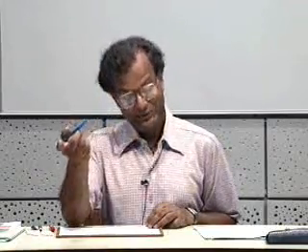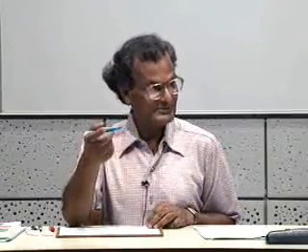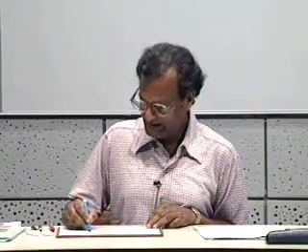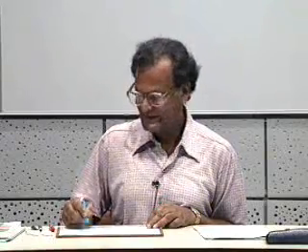It is summation x of n cosine n omega. If this function is to be even in n, then don't you have to have constraints on x of n? Only if x of n is even, then it will be true. So the real part of X of omega is even in n if x of n is equal to x of minus n. Alright?